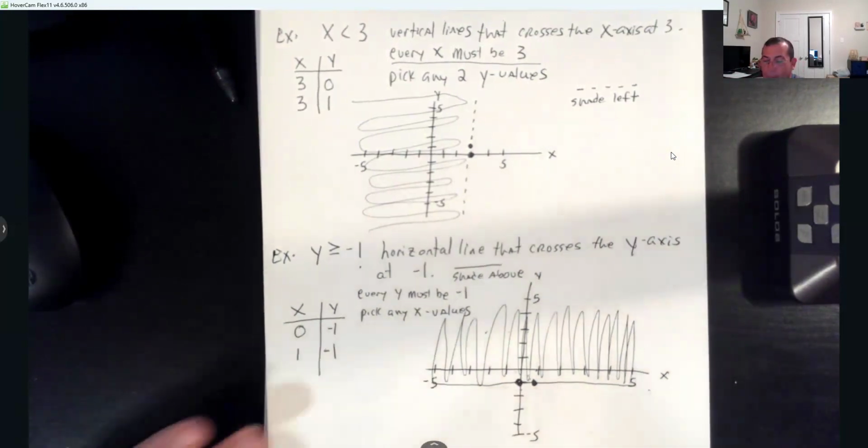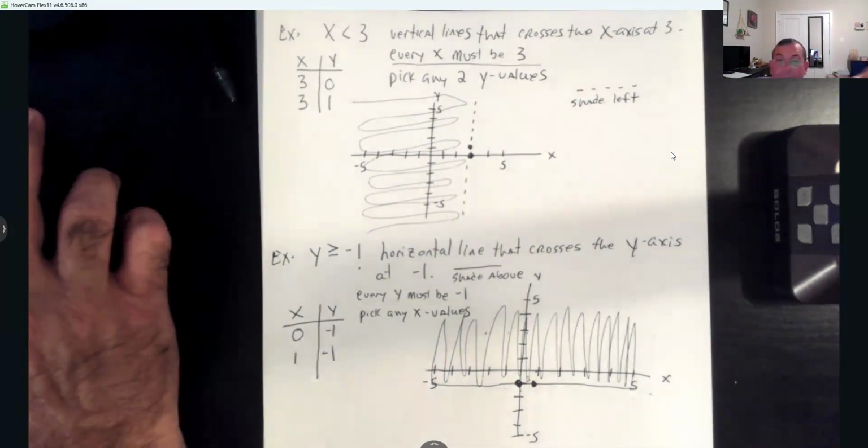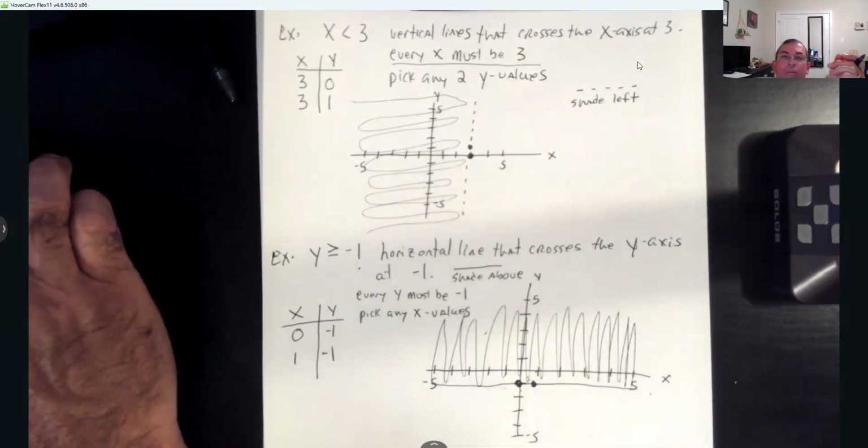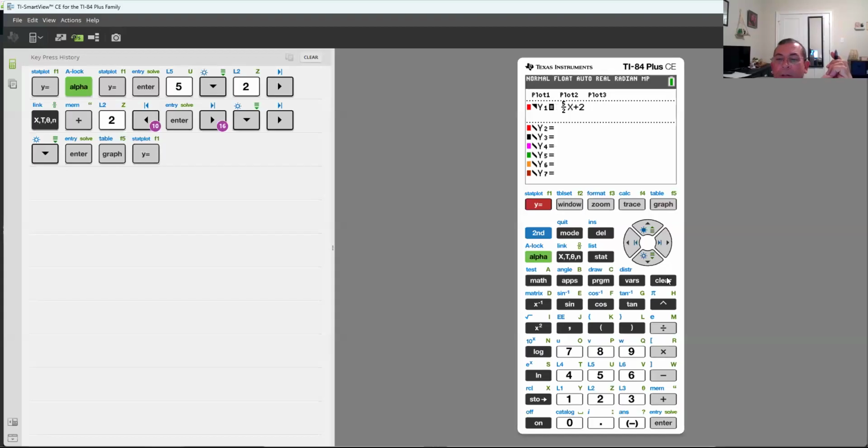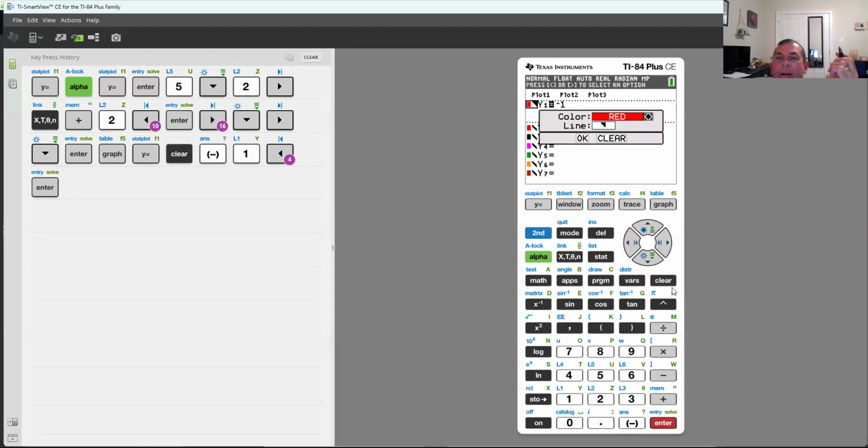All right, y'all, so I said you could do this one on the calculator, so let me go find my calculator. I'm gonna click Y equals, I'm gonna clear this one out. So I had Y is equal to -1, so all I gotta put in is a -1. I'm gonna arrow all the way left, hit enter.